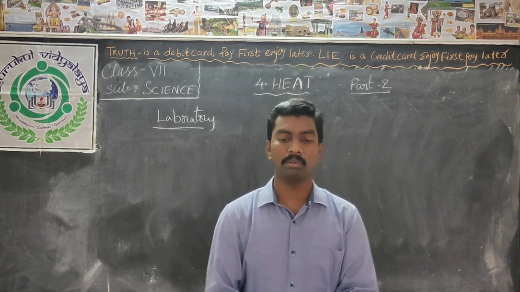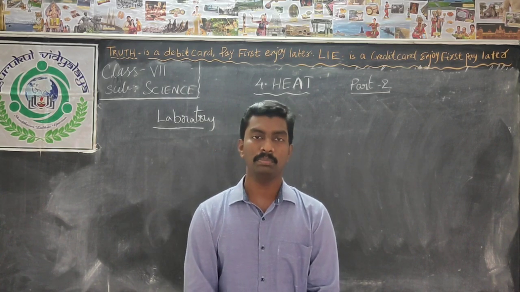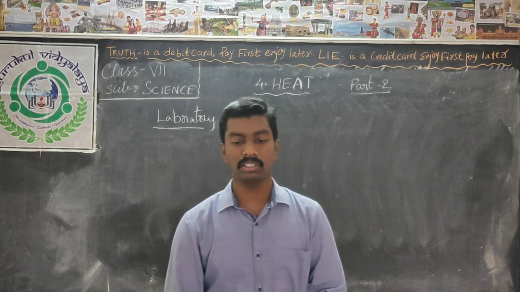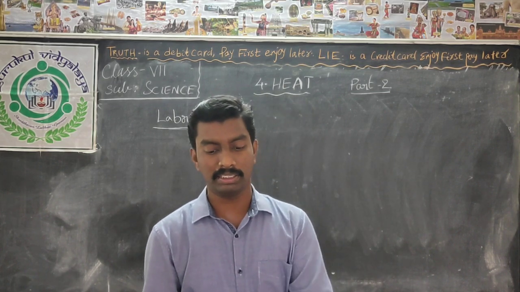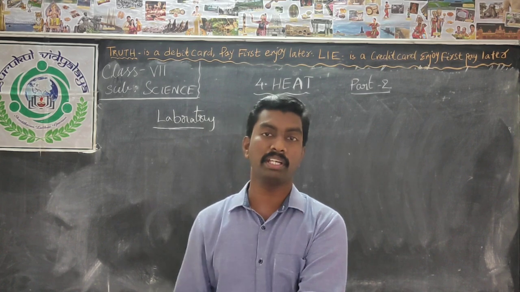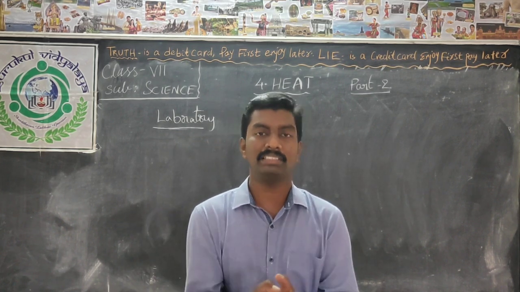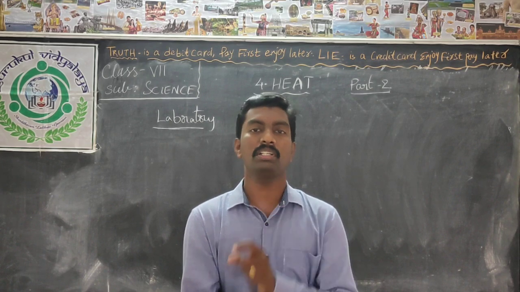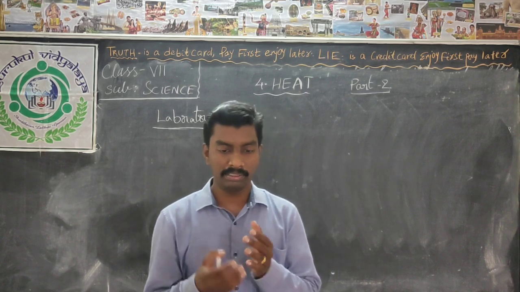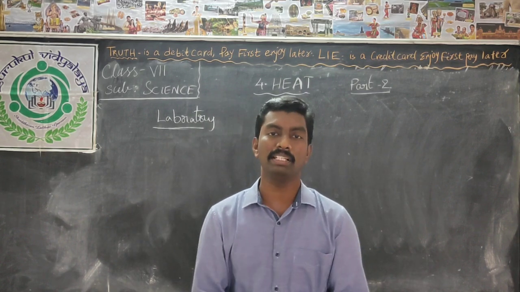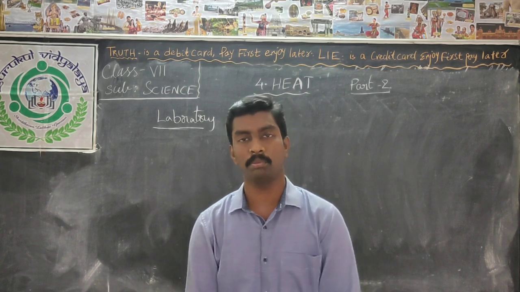This laboratory thermometer is a straight long glass tube that you can observe in your textbook, figure 4.5, and in figure 4.4 we can observe the laboratory thermometer. At the end of the thermometer there is a bulb filled with mercury, and the readings, the marks, are given on the thermometer.